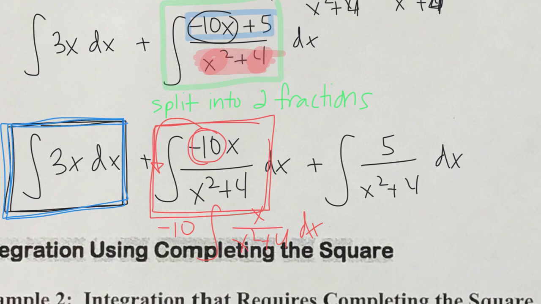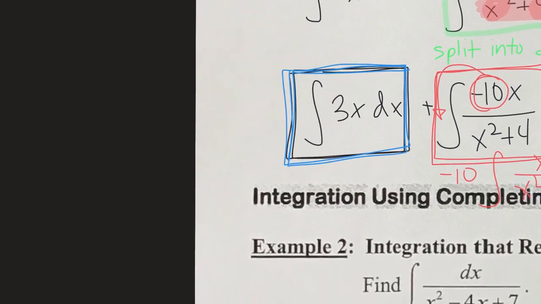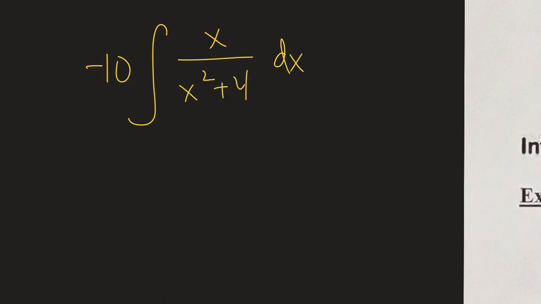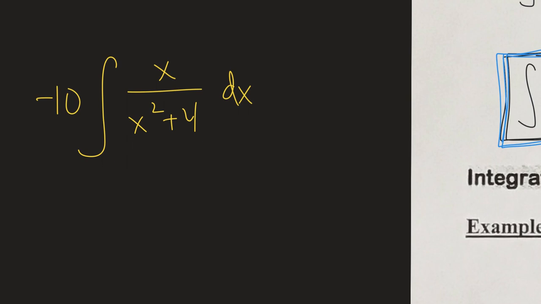So let's come over here and I will rewrite it so we can work on it over here. So negative 10 times the integral of x over x squared plus 4 dx. Okay, so using u-substitution, I'm going to call this u.